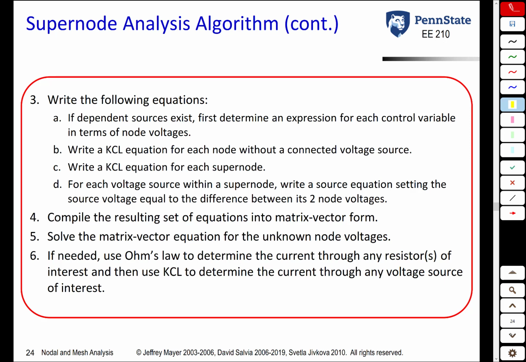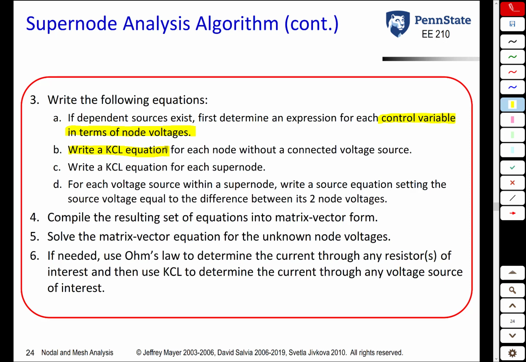The first thing you do is, if you have dependent sources, you express the control variable in terms of the node voltages. We did that before in an example in last class. You do that again here. Second thing you do is you start writing your KCL equations. If you have a regular node that doesn't have a supernode attached to it and there's an unknown voltage at that node, you write a KCL equation for that node.